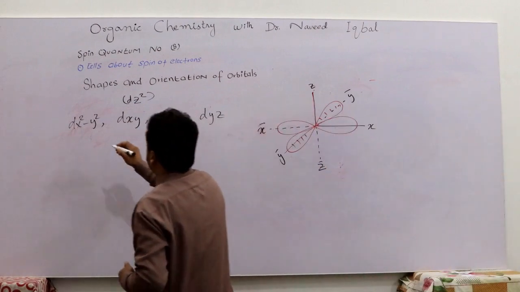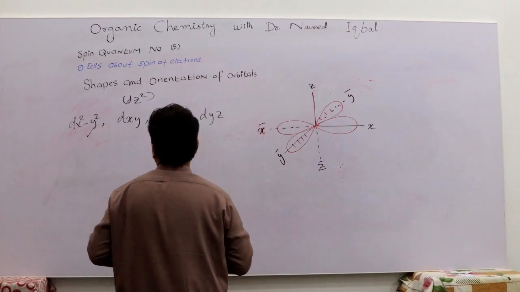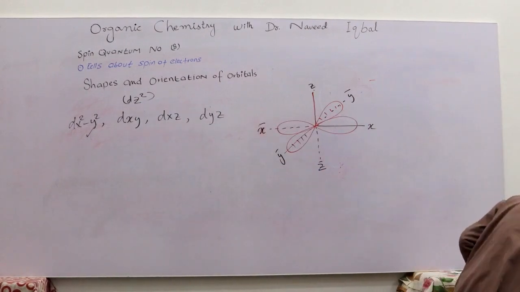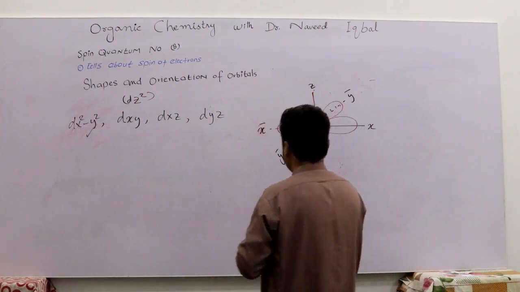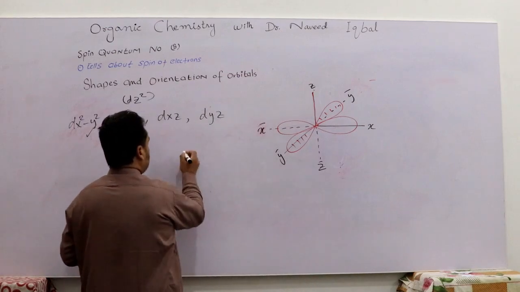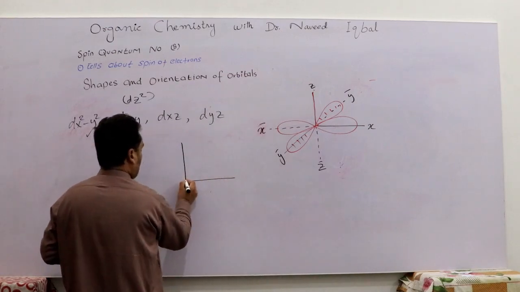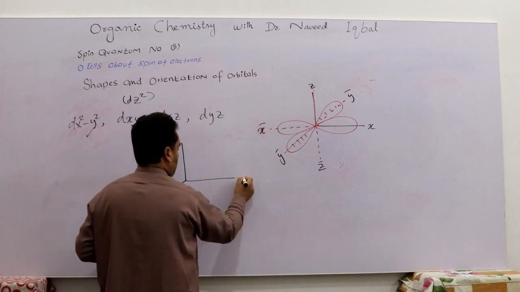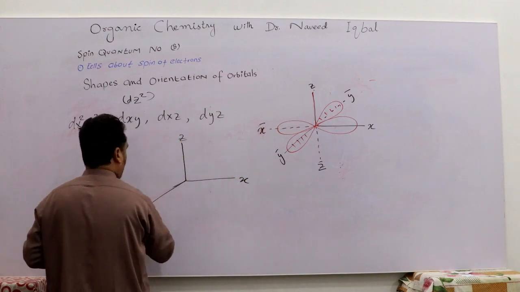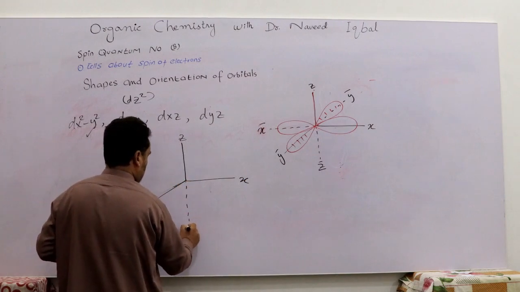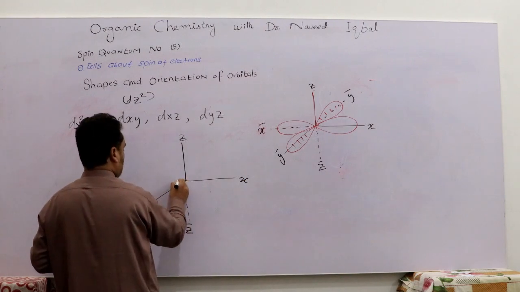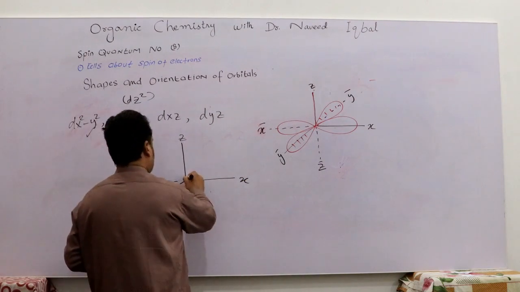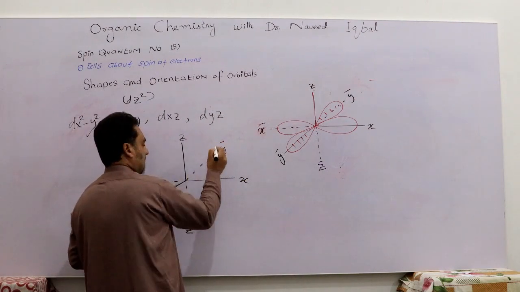This one is the dxy orbital. For the dxy orbital, it's just like this. This is the coordinate system, x, z, y, z minus, x minus, y minus or y prime.